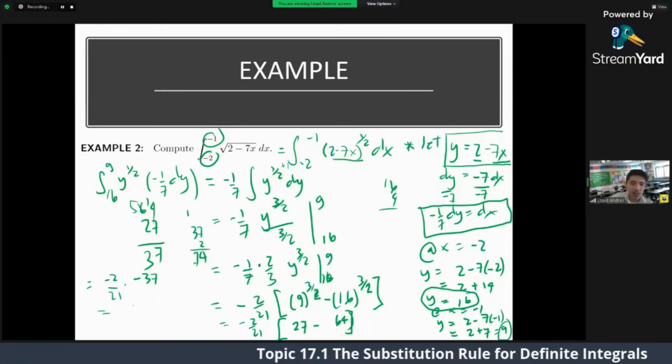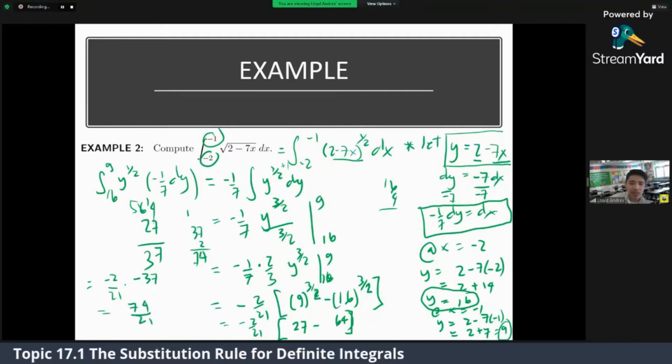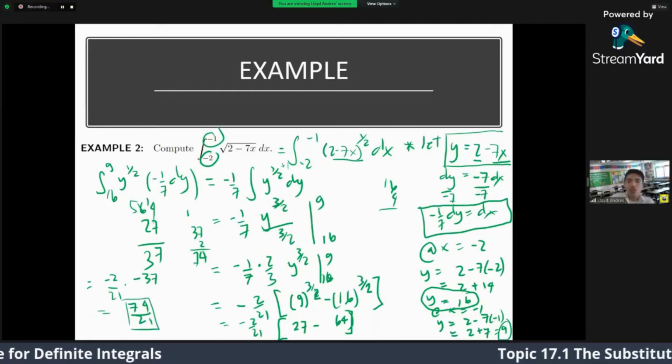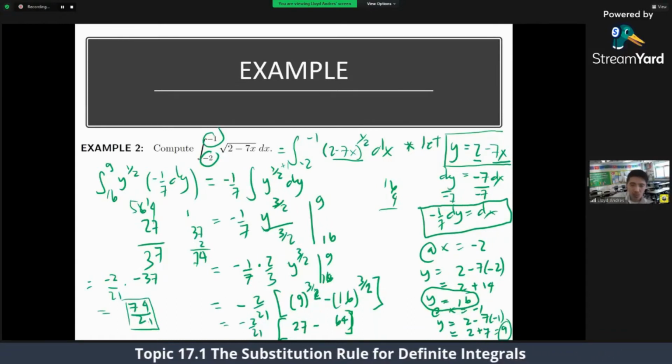So that's 74 over 21, positive now. So that's how it's solved. So that's for example 2.